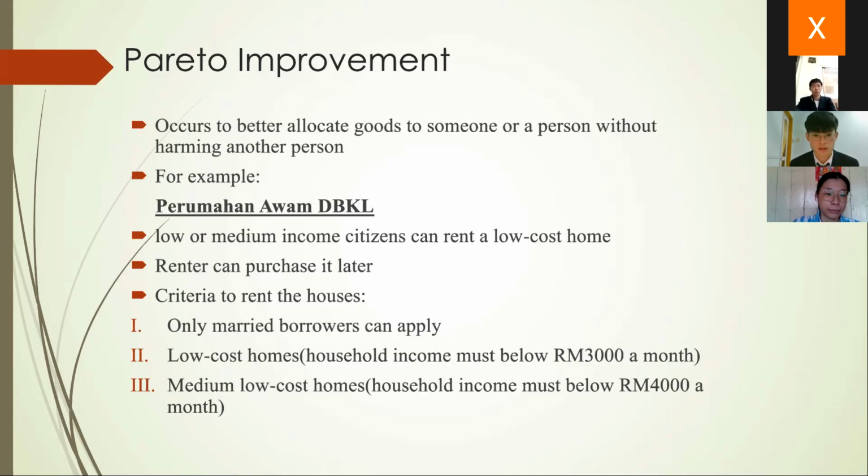So for a person who earns over 3,000 a month, they cannot rent low cost homes, and the same goes for the medium low cost homes. So my part is done, and I'm going to pass to XIQIAN.